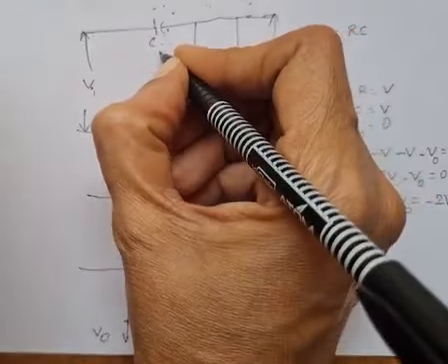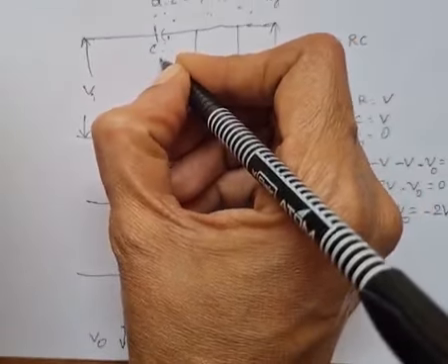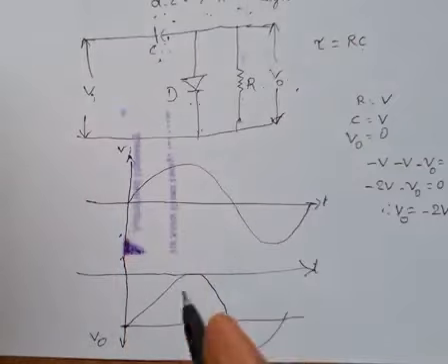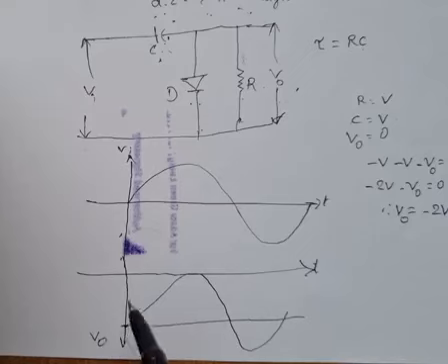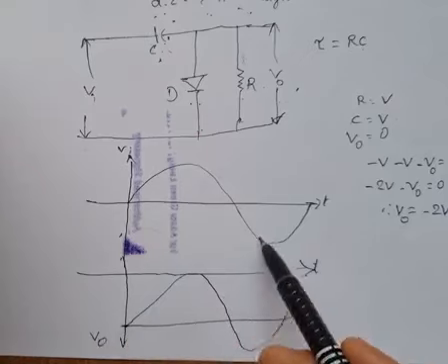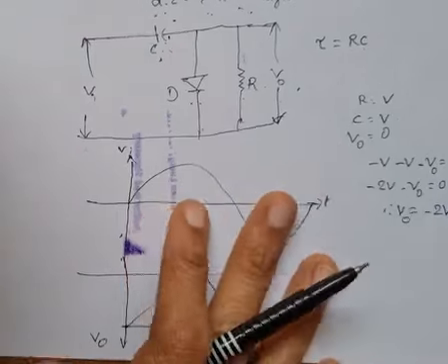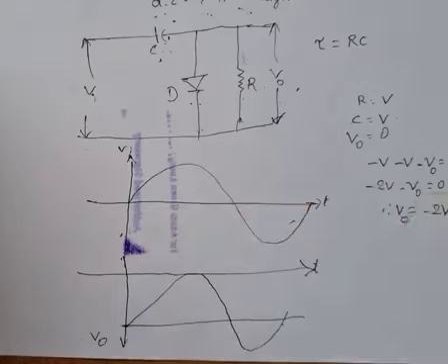On that time, voltage will appear. So in clamped networks, the total swing of output is equal to the total swing of input. It is a basic clamper circuit.